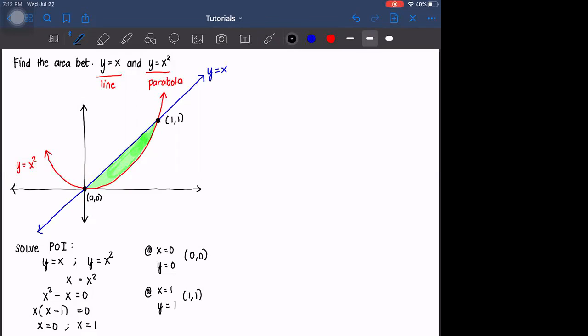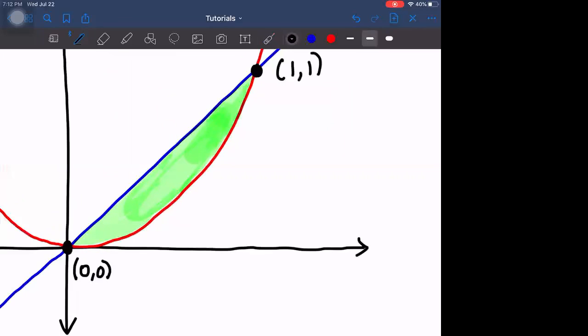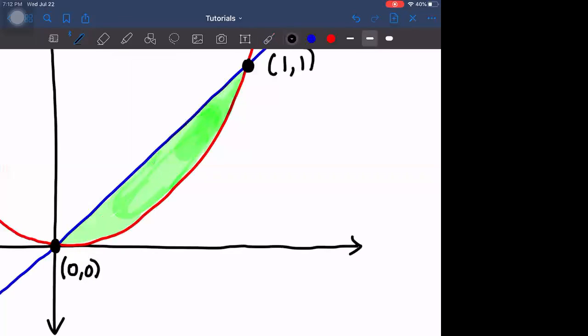Next step is to draw the rectangular strip of approximation. In this case, we can choose either a horizontal or a vertical strip of approximation.